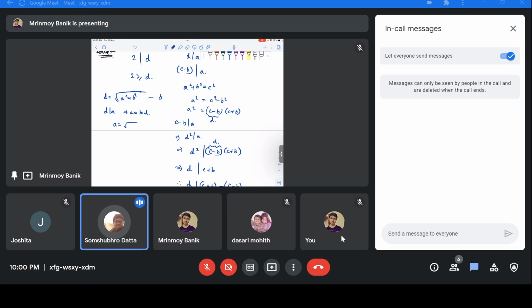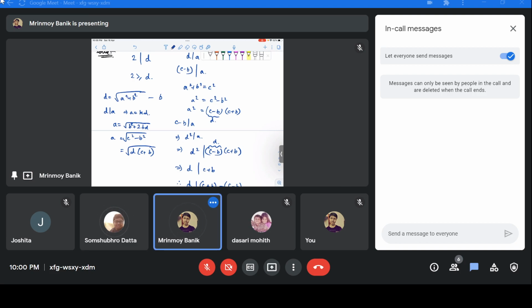Then I started to solve, and a quadratic came. D squared plus 2BD. Then I substituted the value of A, then a quadratic equation came. And this is D times C plus B.